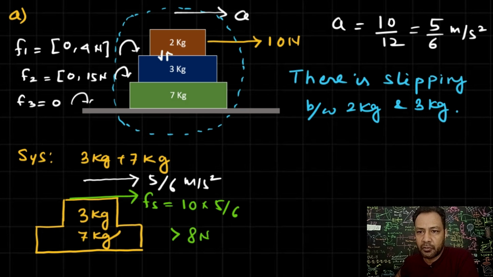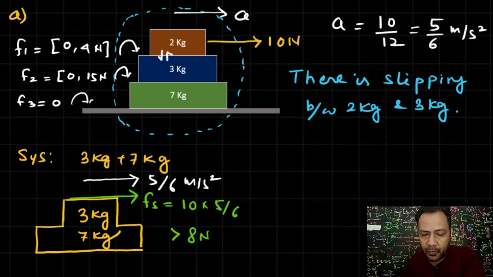So our original supposition that all 3 blocks are moving with the same acceleration has proved wrong. One thing is clear: there is slipping between 2 kg and 3 kg, so kinetic friction will act. Now we have to investigate whether there is slipping between 3 kg and 7 kg or not.